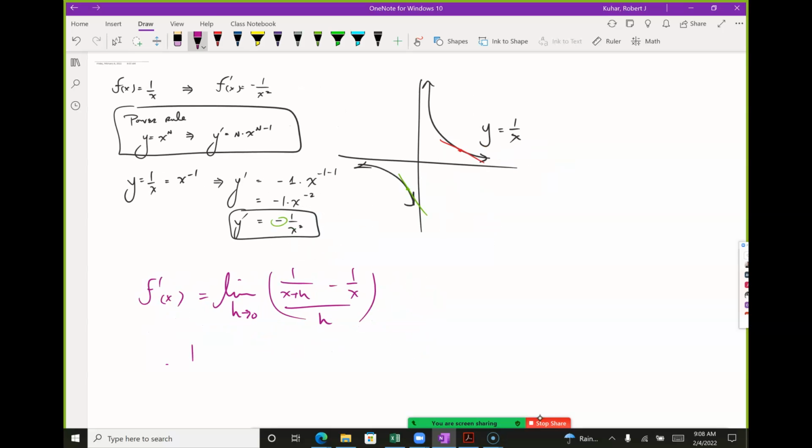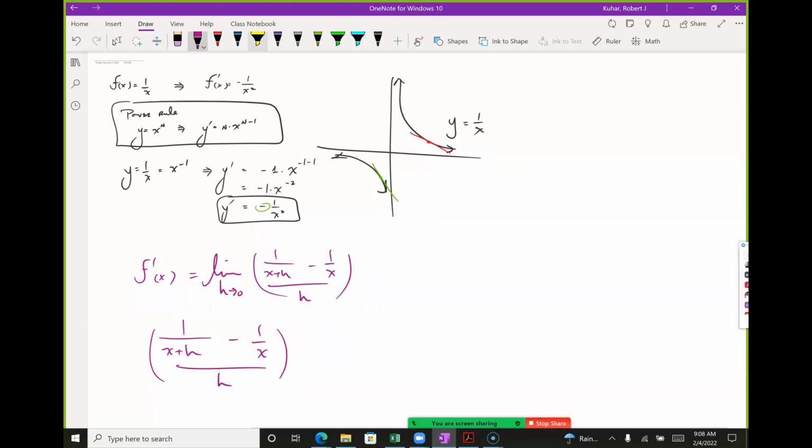I want to start with that inside piece, right? And multiply by what over itself? Who's got the secret for me? Yes, common denominator.